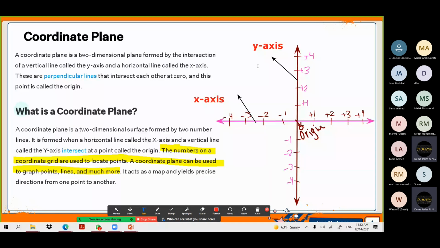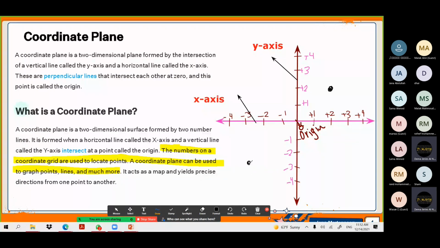Now the numbers on the coordinate plane are used to plot a point. Like there's a point here, I can add it. I will tell you now, the coordinate of this point is 2, 2. And there's another point. Later on I will tell you how to name it. But you can put a point here and you can put another point in this place here.